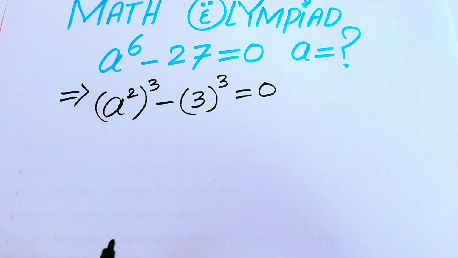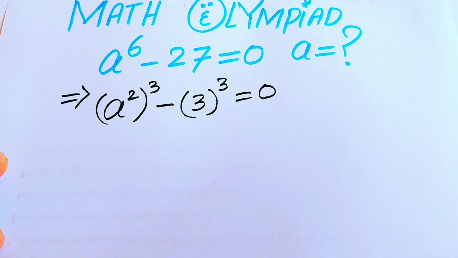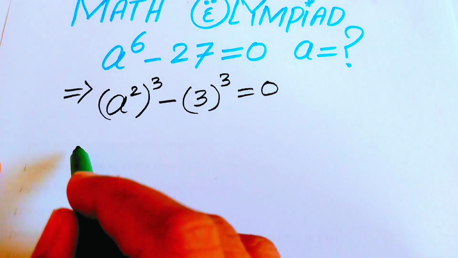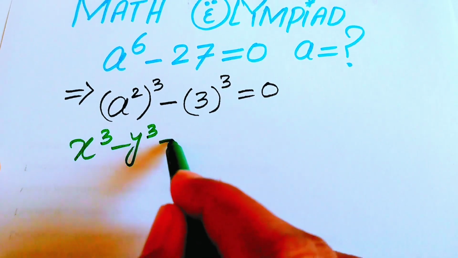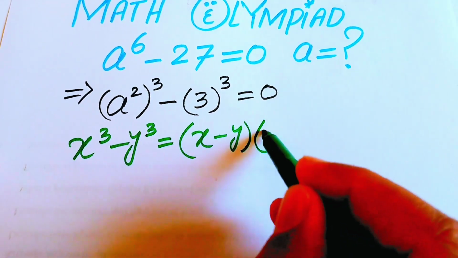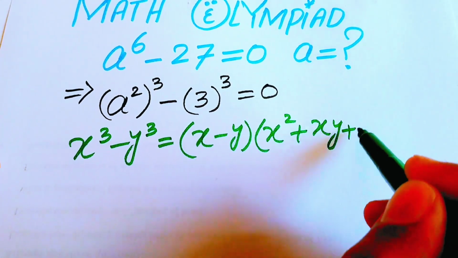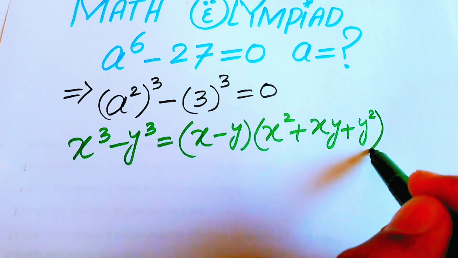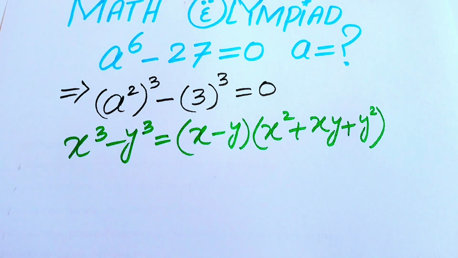And now in the next step we use the nice cubic identity. So you know about this cubic formula. We have x cubed minus y cubed equals x minus y times x square plus xy plus y square. So this is our cubic formula, and now we use it in the above term.